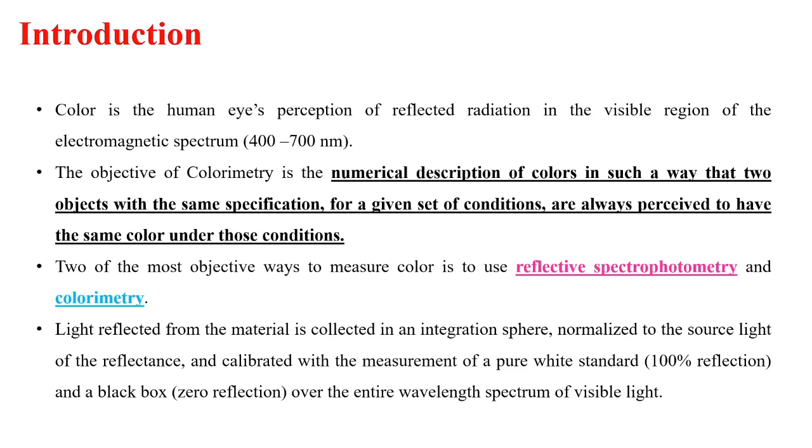Color is nothing but the human eye's perception, how a human eye perceives the objects that are around us, right? So basically, if we go for the electromagnetic spectrum, the visible spectrum lies between 400 to 700 nanometer.